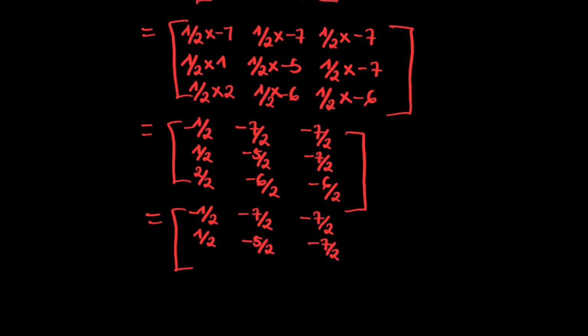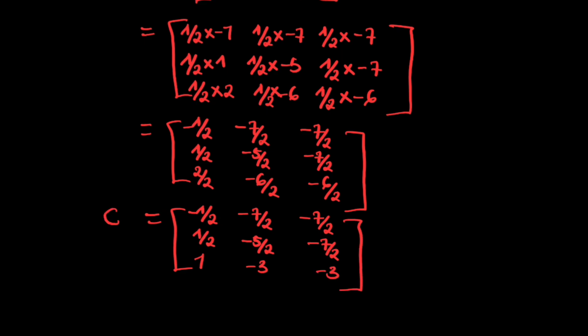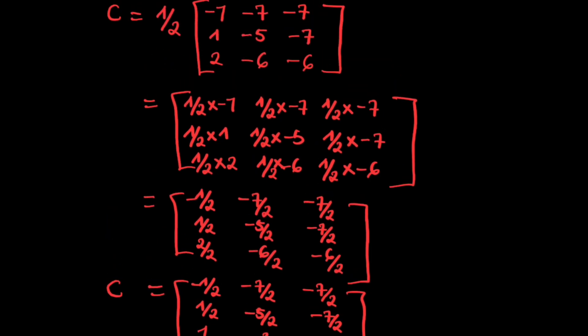Now we have 2 on 2. 2 divided by 2 is 1, so we write 1. Minus 6 divided by 2 can be simplified, it gives minus 3. And minus 6 on 2 can also be simplified, which is minus 3. So now this is our matrix C, and that is how the question is solved.